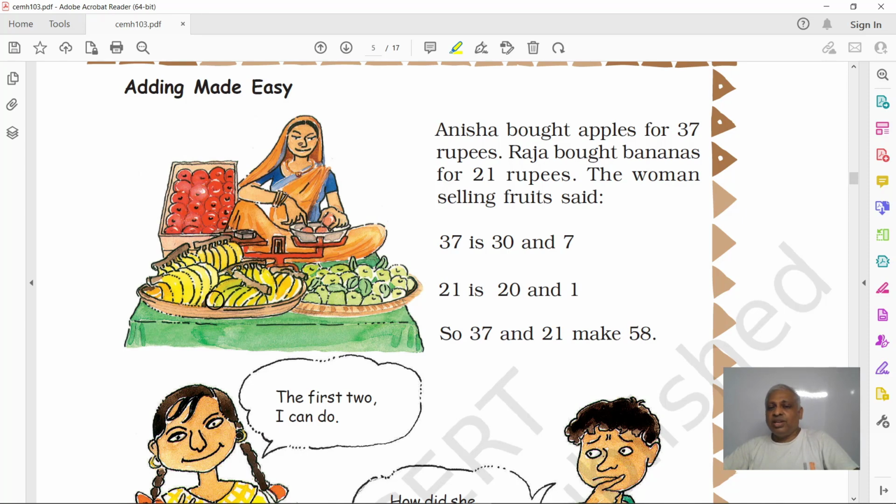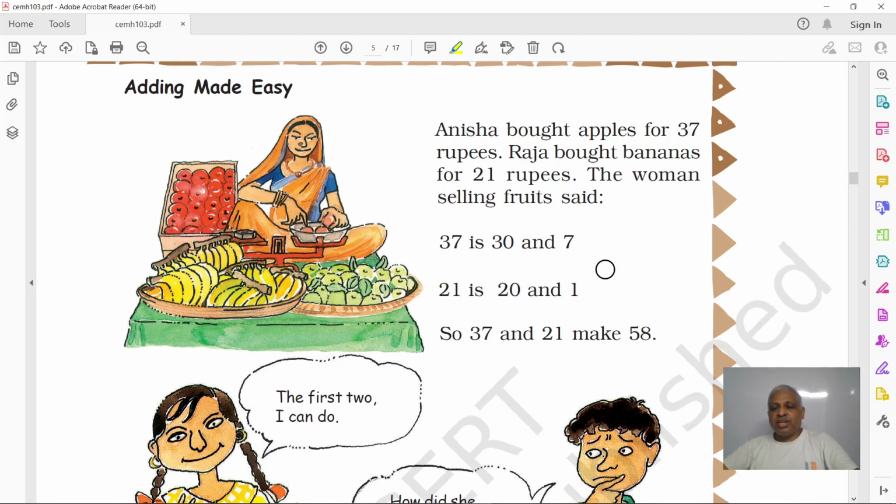When you go to any vendor and buy some items, ask how much you have to pay. They will tell you very fast. They are very quick at maths, because that is their life. So she wants to add 37 plus 21. 37 is 30 plus 7, and 21 is 20 plus 1.